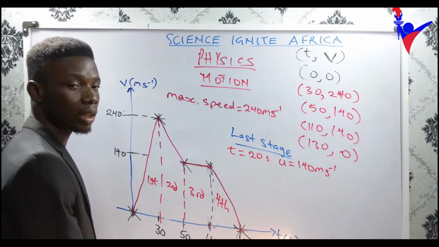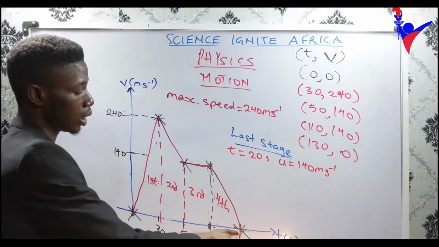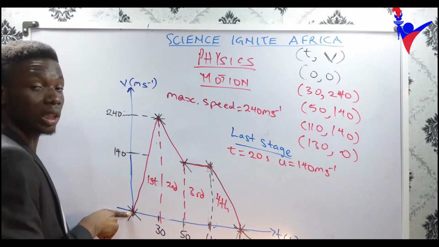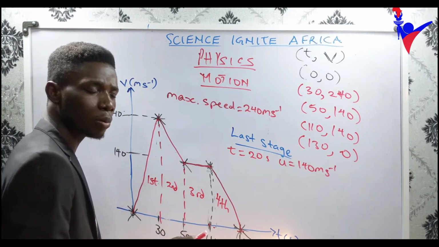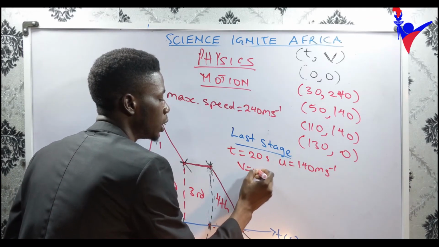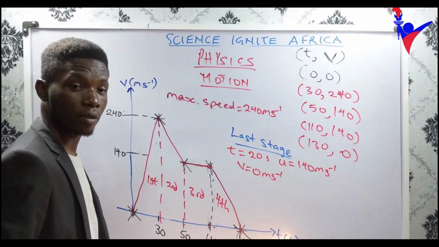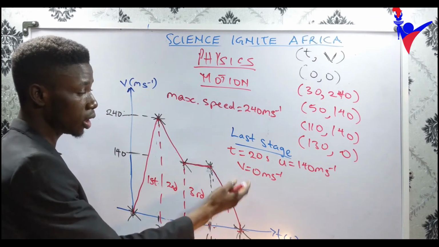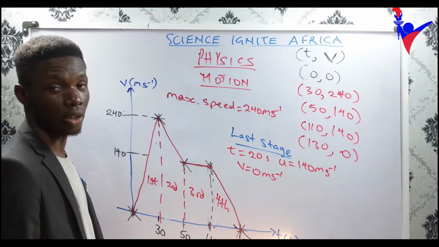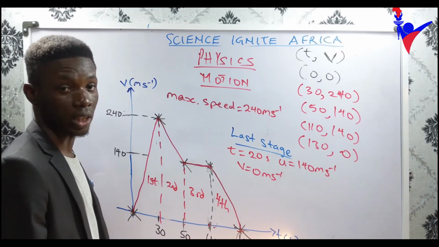And if you look at the final part of the motion in the last stage, the velocity there, which is the final velocity, is 0 meters per second. So we have our v to be 0 meters per second. And from what we have done earlier, we don't need any other thing to get our deceleration, since deceleration is an acceleration, just a negative acceleration.